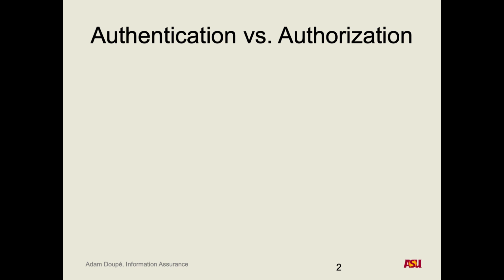Okay, so authentication is trying to verify somebody's identity, right? Trying to say who is this person, and authorization is what are they allowed to do on your system. So what are some types of authorization enforcement things that we've looked at?